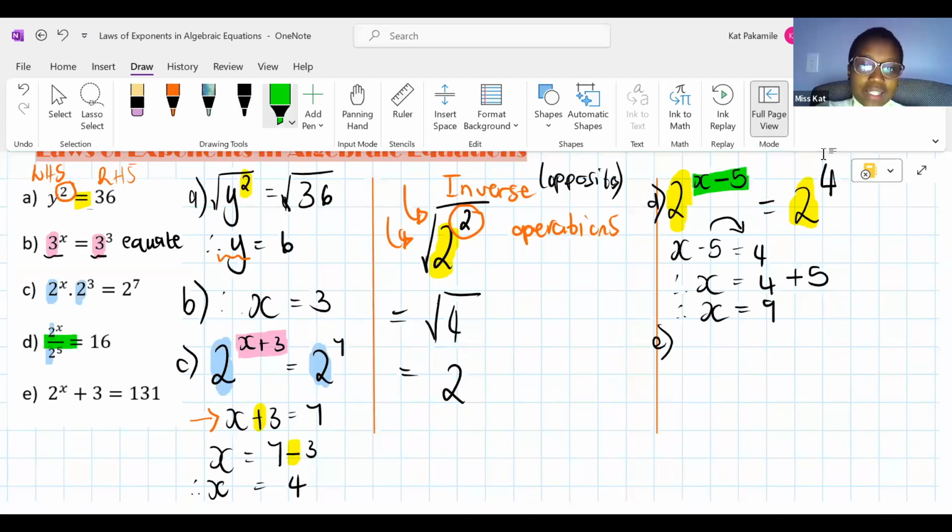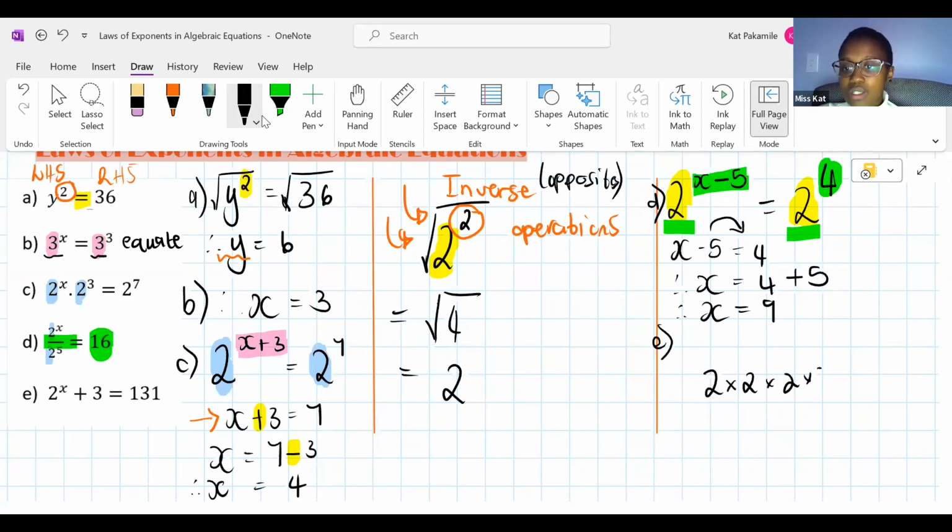Then I said we need to change this 16 to a number that has the same base as your left. We had a base of 2 on the left, so we wanted a base of 2 on the right. Then Nsuku helped us and told us that 16 is the same as 2 to the power of 4, because 2 times 2 times 2 times 2 is 16.